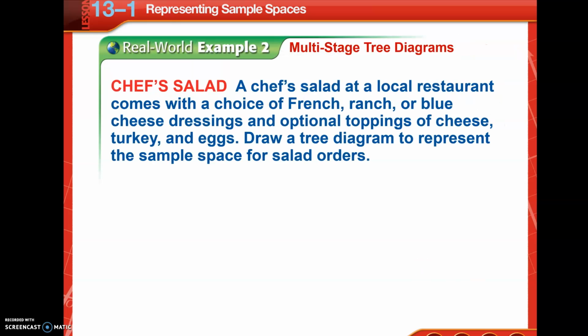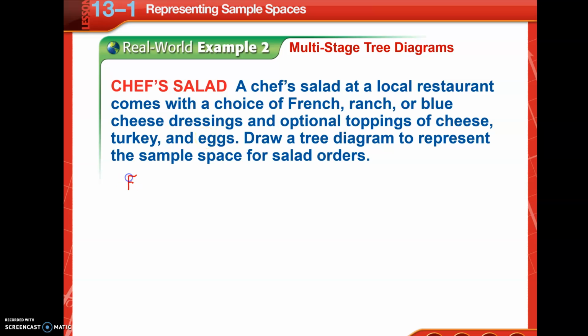All right, let's look at it where we have multiple stages. A chef salad at a local restaurant comes with a choice of French, ranch, or blue cheese dressings, and then you have the choice of cheese, turkey, and eggs. So this is going to be 4 stage. Let's look at it.